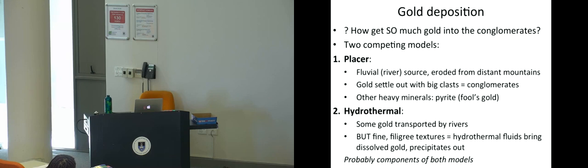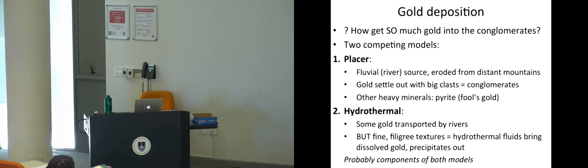But these mountains are eroded by massive rivers which flow into this basin, and the gold with its high specific gravity settles out with the conglomerate layers. We also get other heavy minerals like pyrite, which also settles out, and the pyrite is what really glitters when you look at these conglomerates. Pyrite is also called fool's gold.